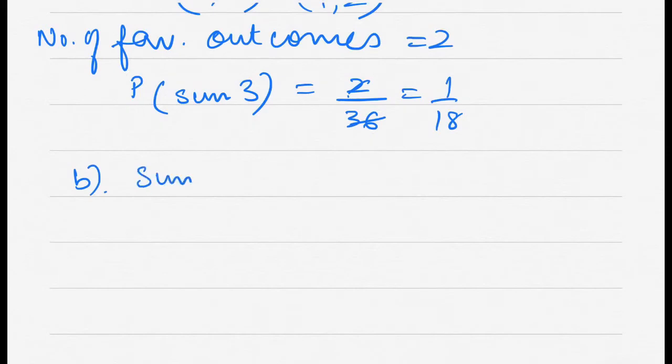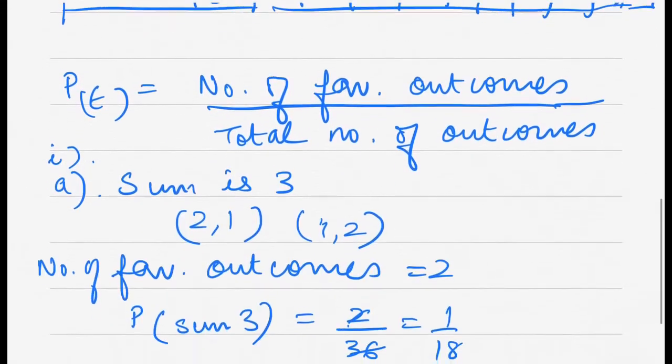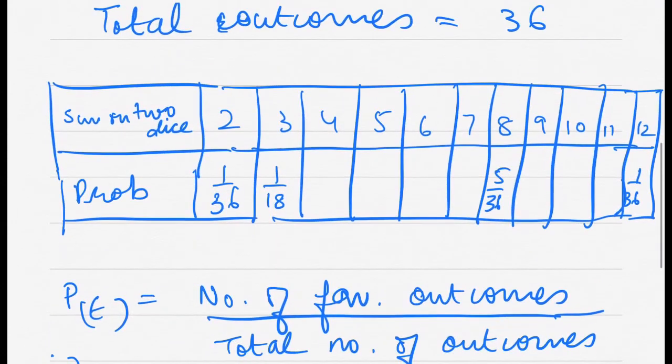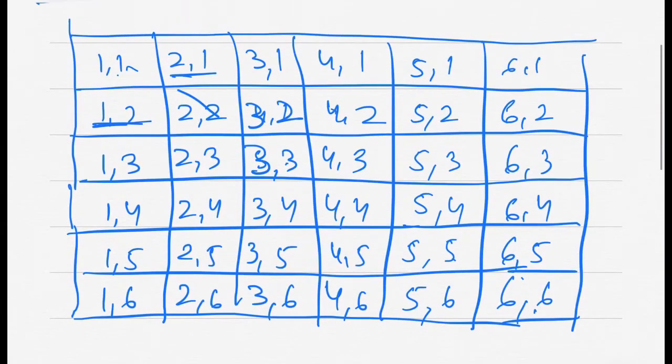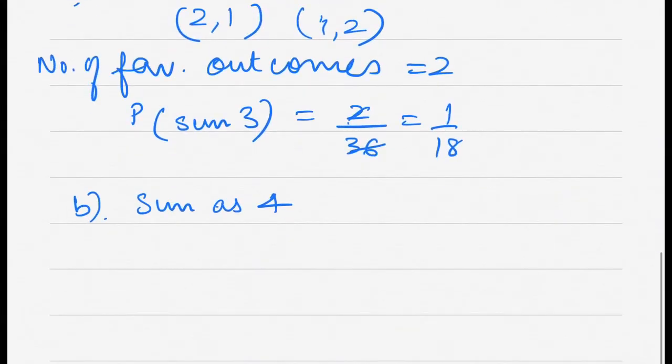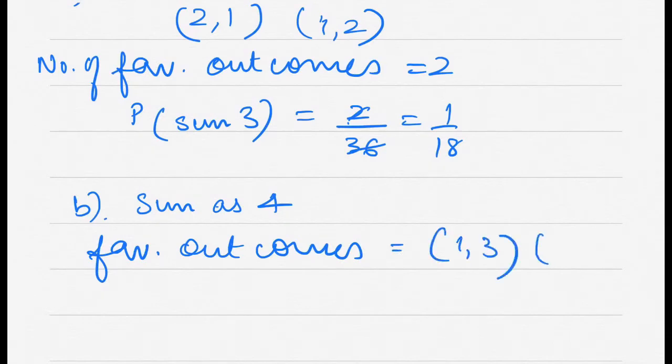Now I'll move to part B, which I am referring to as sum is 4. I have already written the formula. What are the favorable outcomes? For sum 4: 1 and 3, 3 and 1, and 2 and 2.